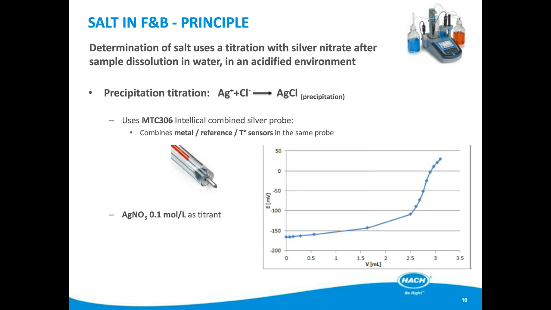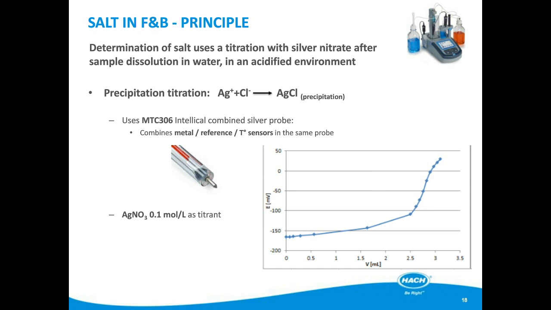This kind of titration is called precipitation titration because a lot of particles are created during the titration. This titration uses a silver probe, so the sensitive part is made with a silver bar, and this sensor doesn't need to be calibrated.